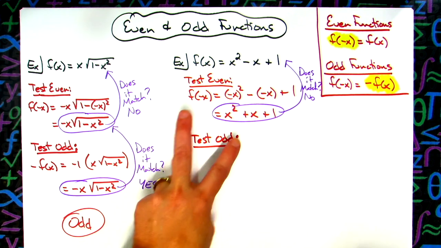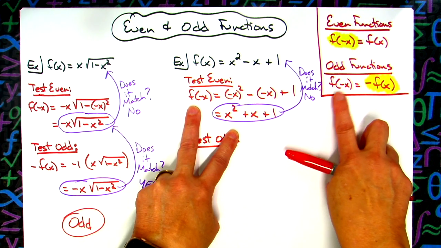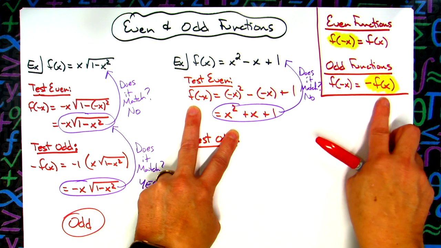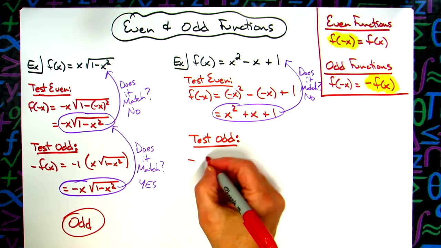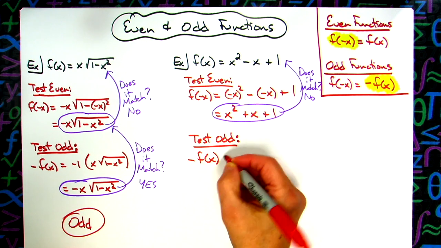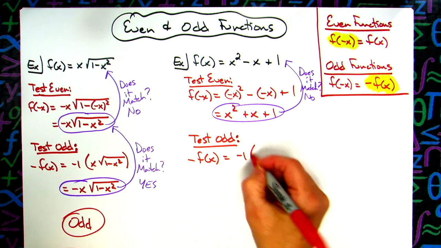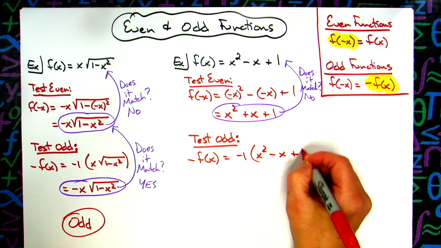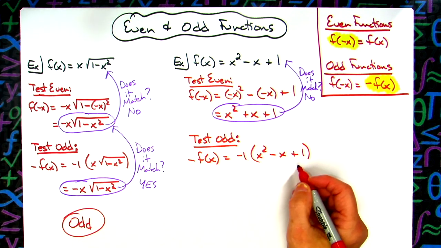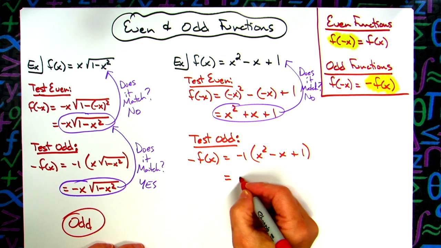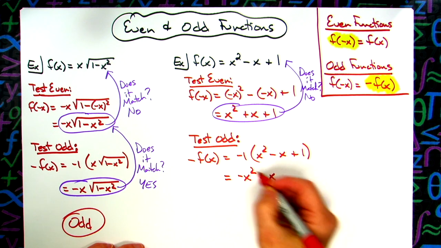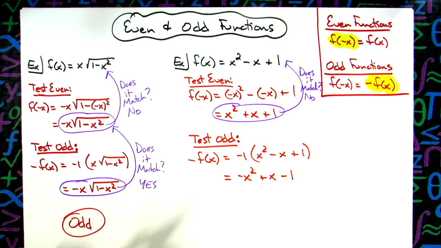But knowing that I've already done this part of the formula, I just have to remember this. So I'm going to take a negative and multiply it by my function. So negative f of x. I'm going to take a negative 1 and multiply it by that original function, x squared minus x plus 1. Doing that is going to change my signs. So I'll have a negative x squared, and then a positive x, and then a minus 1.